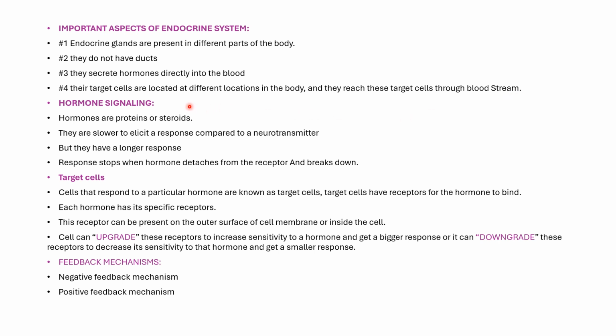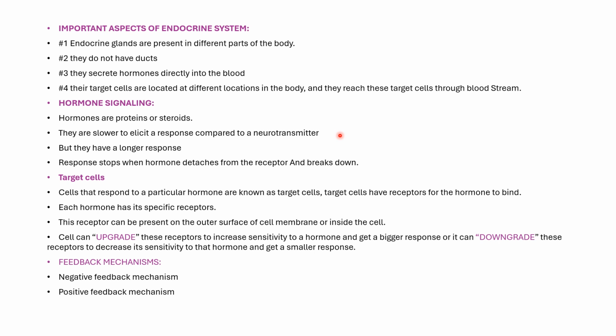Now let's learn a little about hormones. As I said before, hormones are chemical substances. They can be proteins or they can be steroids. They are slower to elicit a response in comparison to a neurotransmitter. Neurotransmitters are traveling down the axon of a neuron, so they act very fast.